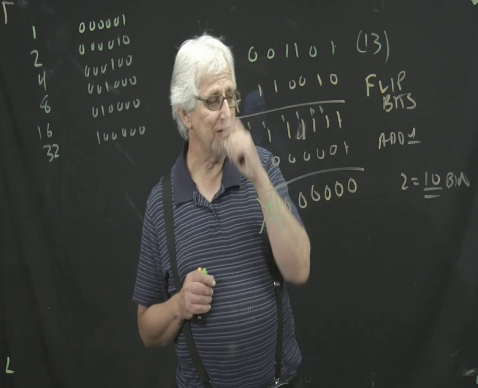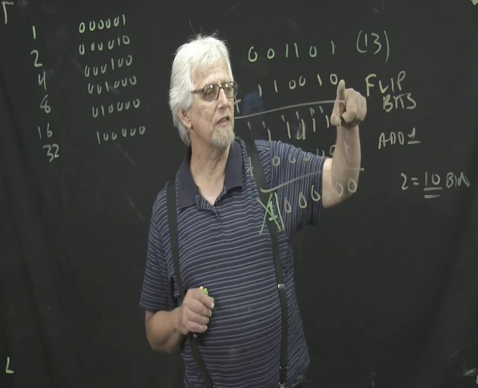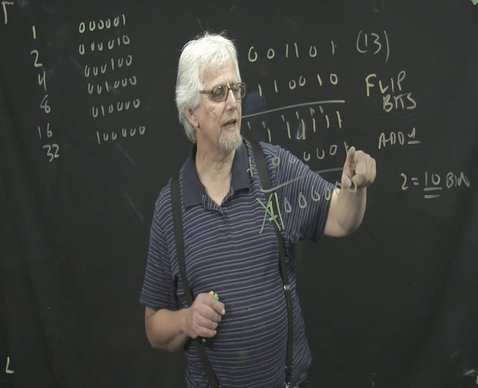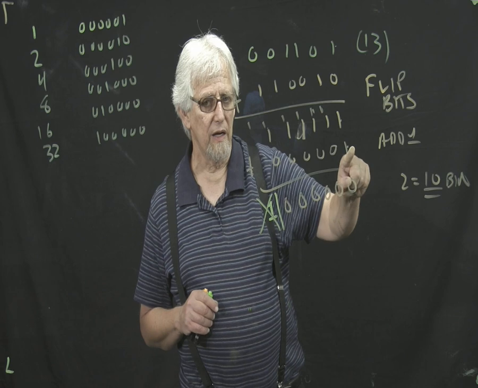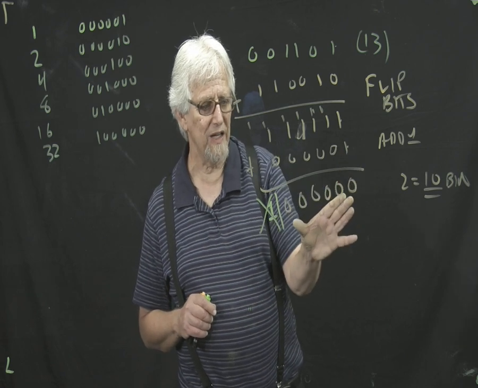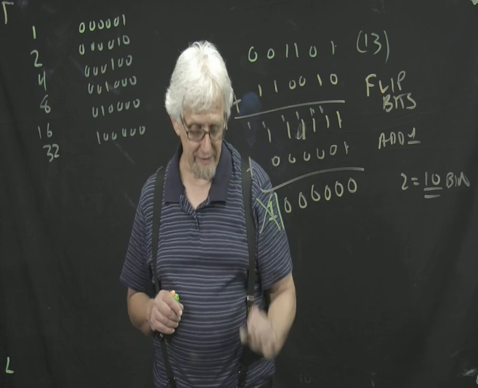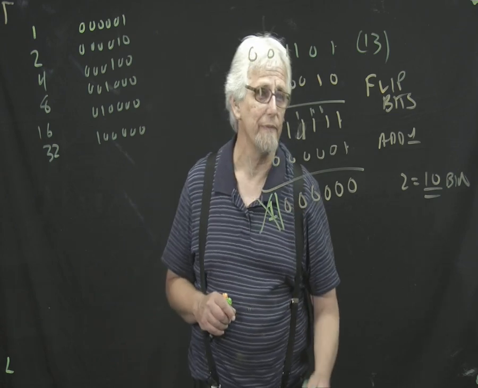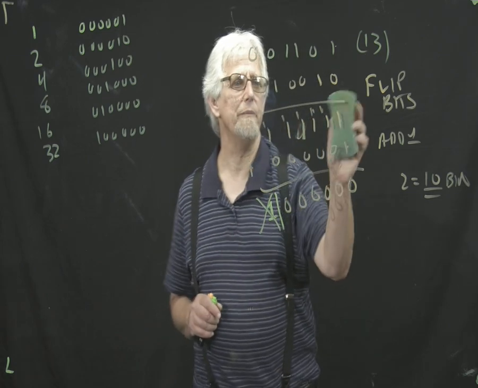So this says that if I took a number, I flipped the bits, and then I added 1, that could get me to the negative. So let's try it. Here we had 13.